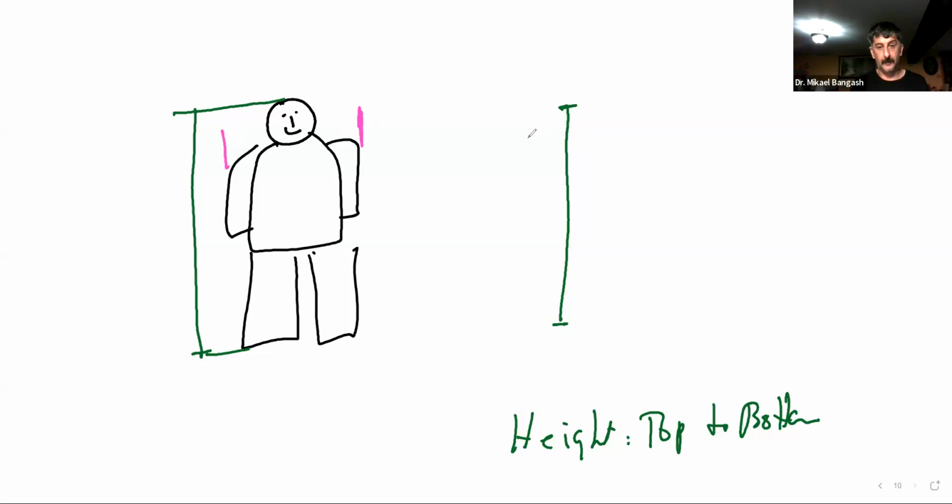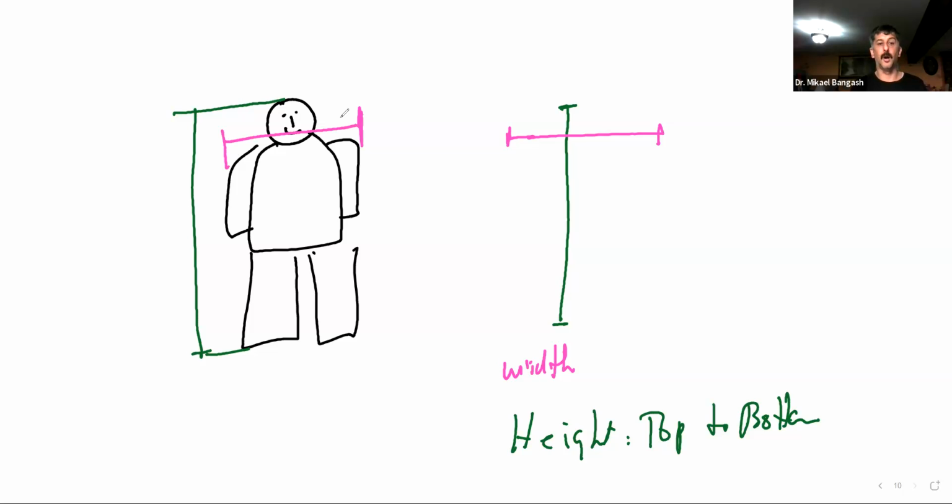Or we can say it's okay, mainly like this. And we are mainly going to call that width. But if you look at this person here, you immediately ask, what is going to be the distance from his shoulder to shoulder?